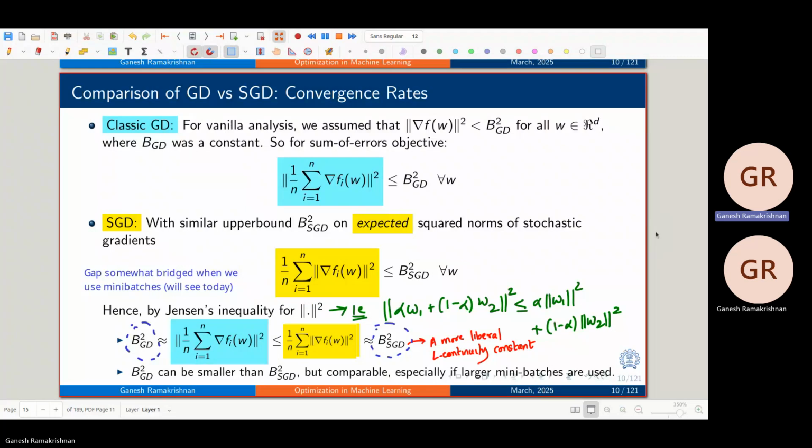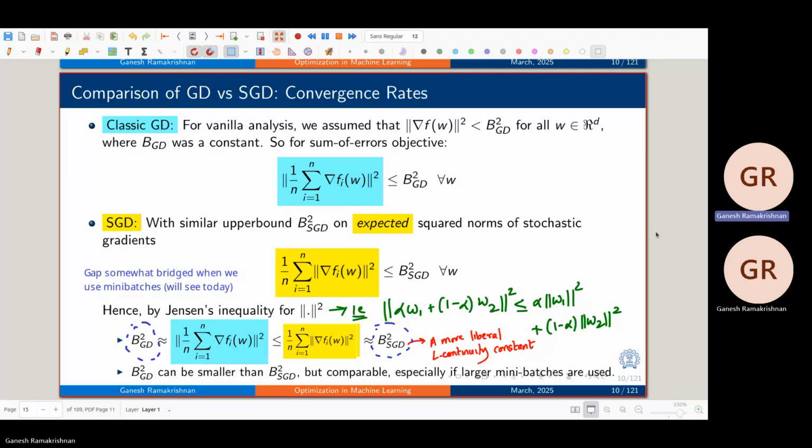Right. So what are we saying? Because norm is also a convex function, by the way. Function is convex is one thing, but norm is a convex function. So think of this as a convex combination of points. The norm of the convex combination of points will be less than or equal to the convex combination of the norms. Right?